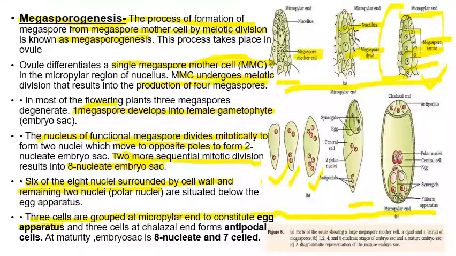Here you can see the two synergids and one egg cell. These three cells form the egg apparatus, where the egg cell fuses with the male gamete and forms the zygote, and two synergids protect this egg cell.